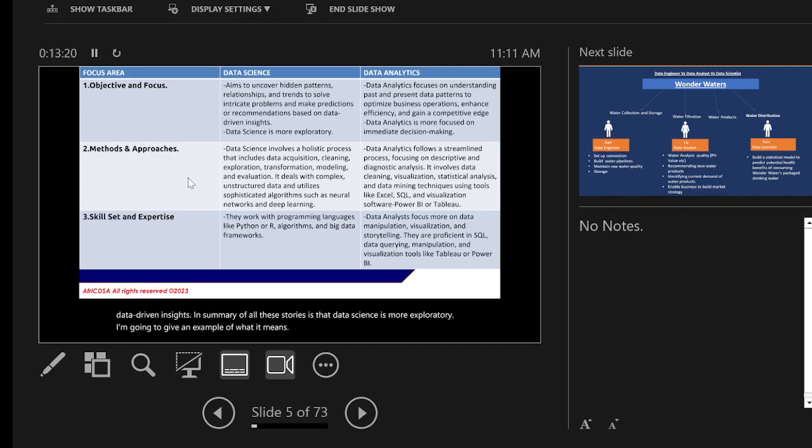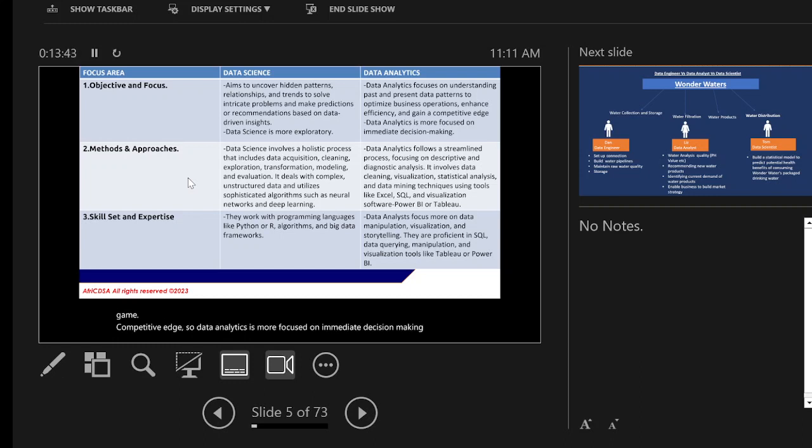But when we go to data analytics, we are saying that data analytics focuses on understanding past and present data patterns to optimize business operations, enhance efficiency, and gain competitive edge. So data analytics is more focused on immediate decision making.